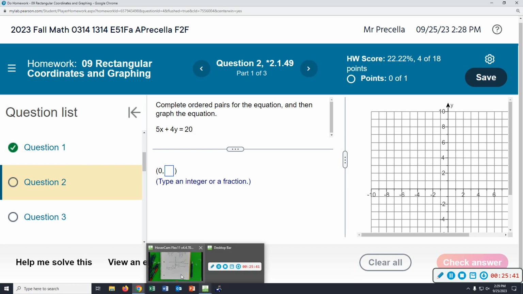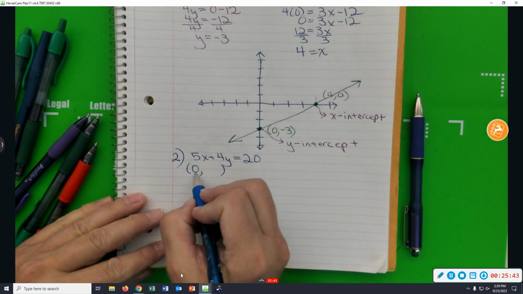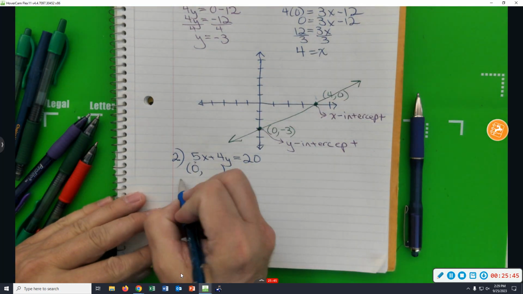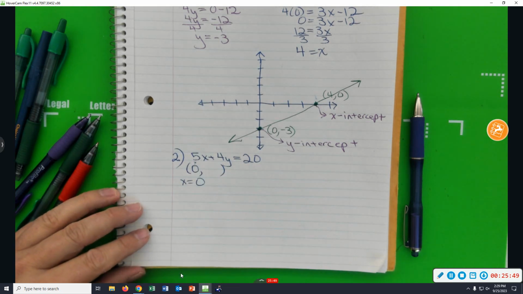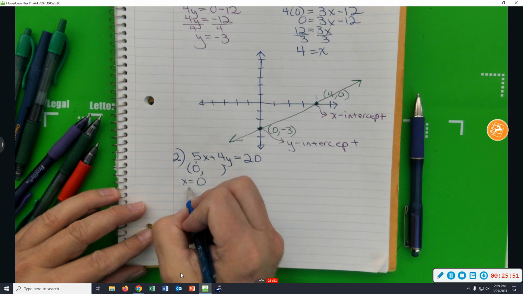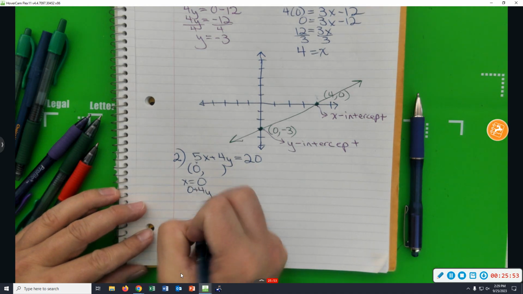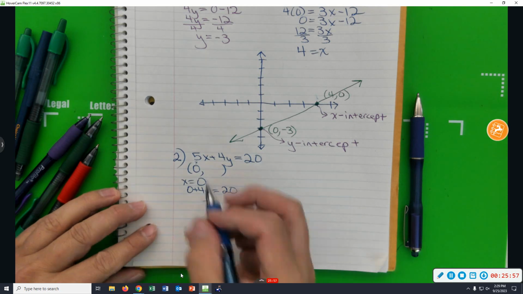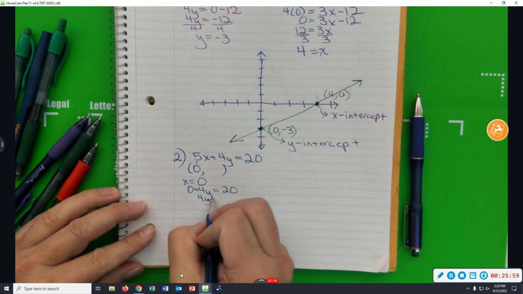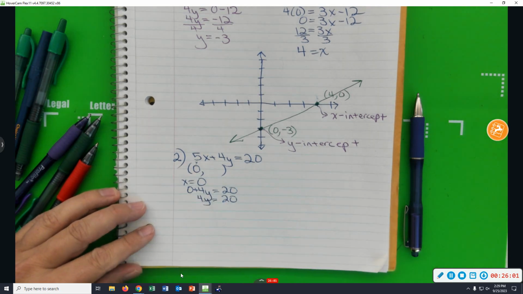So we're plugging in. The x value is 0. 5 times 0 is 0 plus 4y is equal to 20. So we have 4y equals 20. What do I have to do?